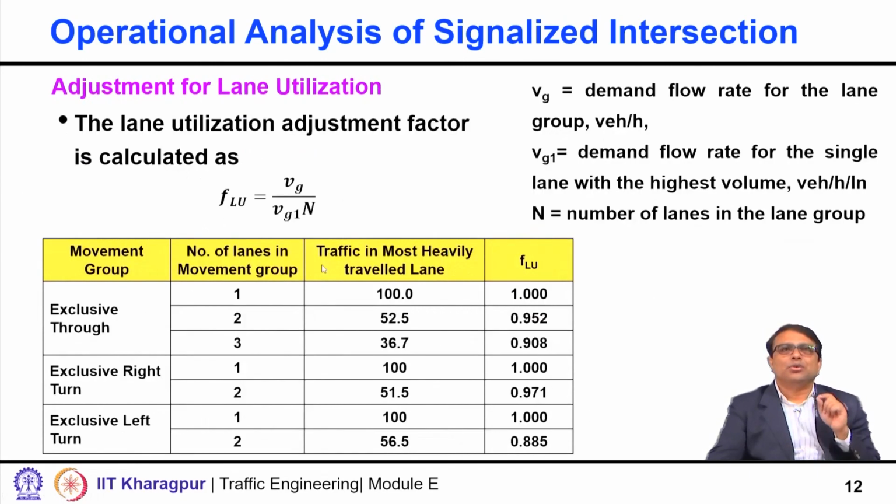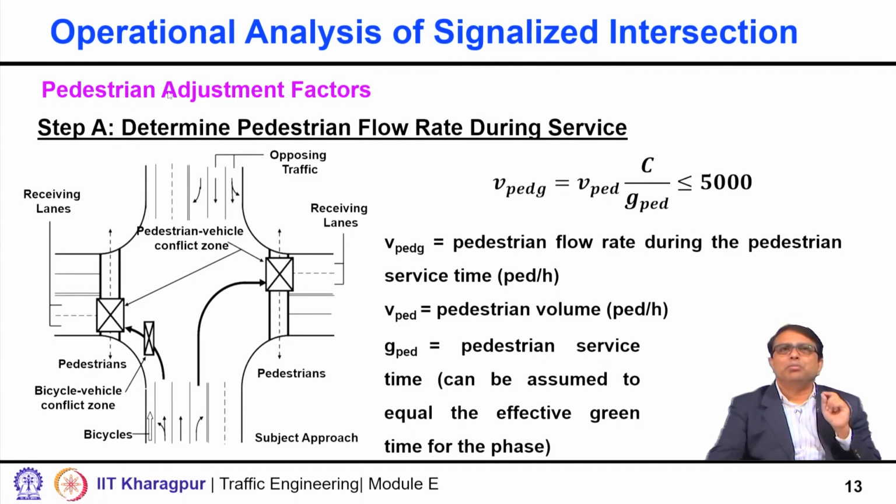We discussed the lane utilization, so now come to the pedestrian adjustment factor. Here the vehicles are taking right turn, and here also vehicles may take left turn, so the pedestrian movements are there. Bicycles could also be there, but we are neglecting the bicycle movement for the discussion at present.